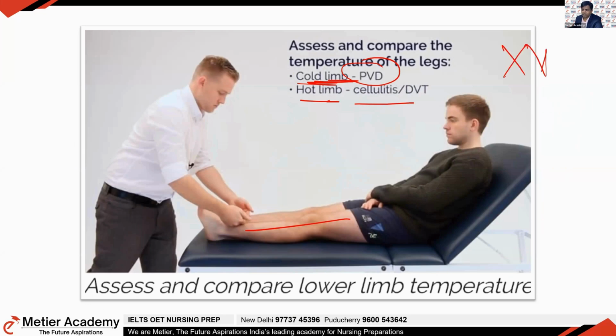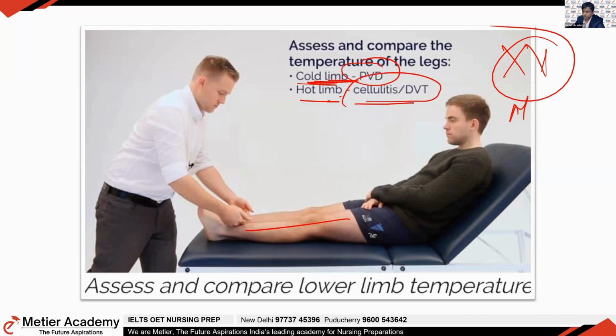This is also an important finding. It's a type of Buerger-Allen test. Leg up, then down, and then down. They will see the pallor as well as the limb. Cold limb, it is PVD. If it is a hot limb, it is cellulitis and DVT.